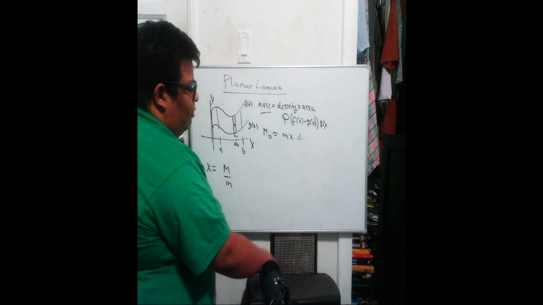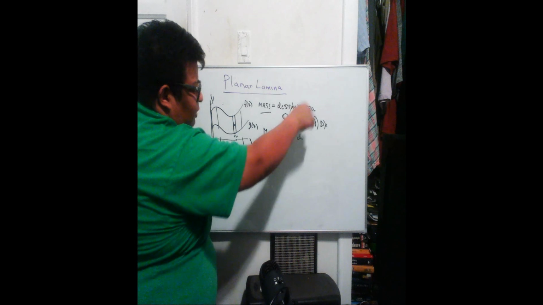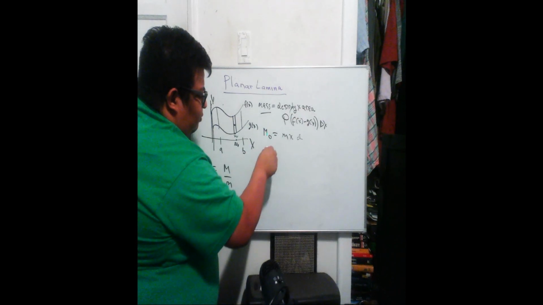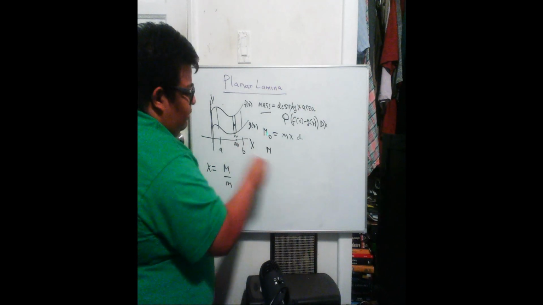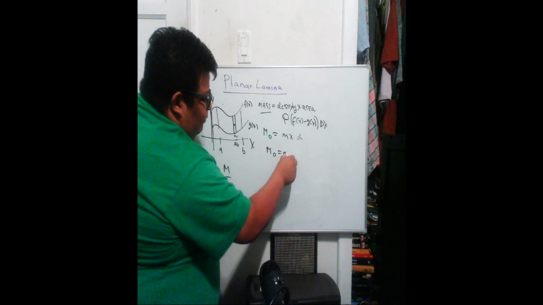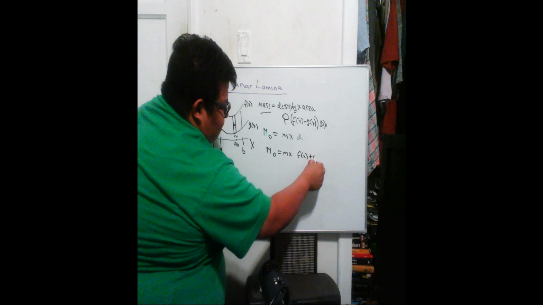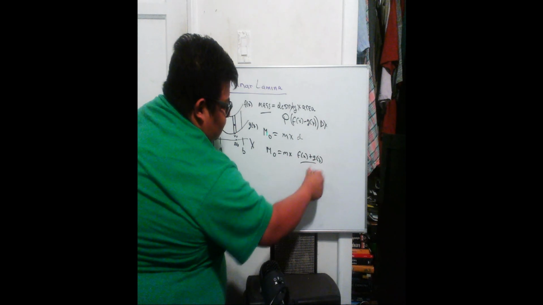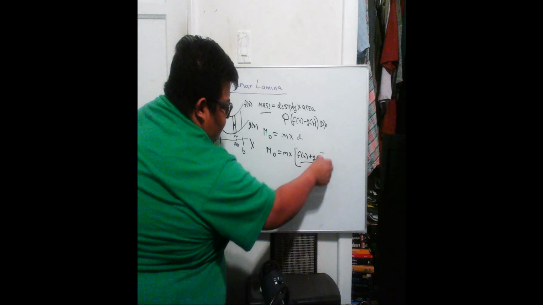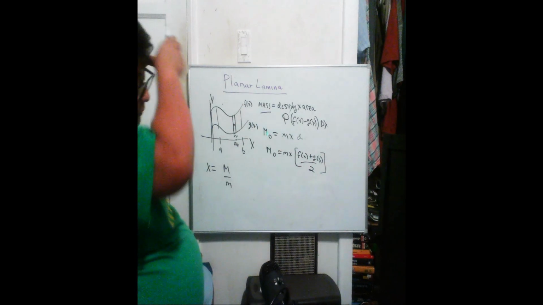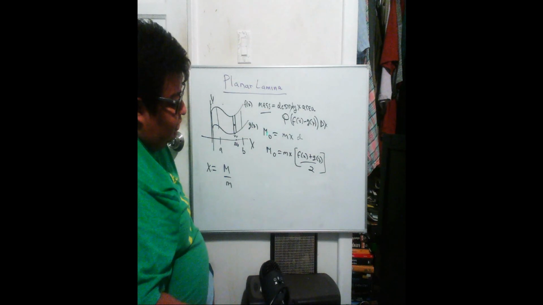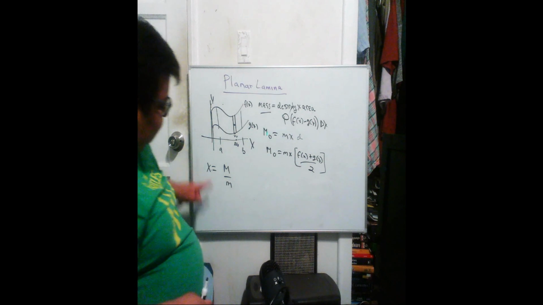So basically the moment is this whole thing here. The moment of the little rectangle is going to be m times f of x plus g of x over 2. That makes more sense.